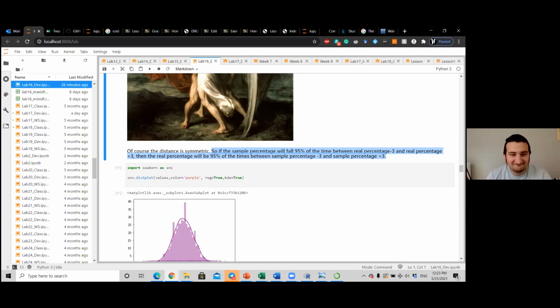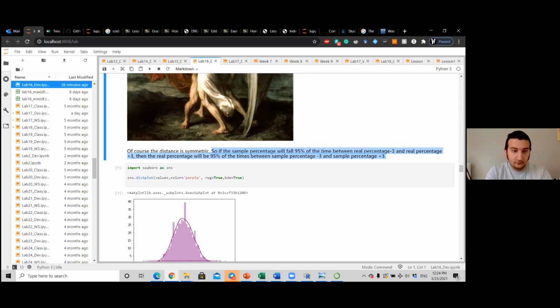So this is my question. It says if the sample percentage would fall 95% of the time between the real percentage. So are we assuming the sample percentage and the real percentage are the same thing? No, exactly the opposite. We are trying to distinguish them.